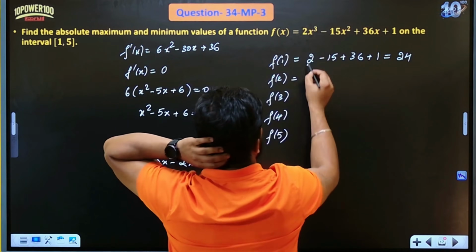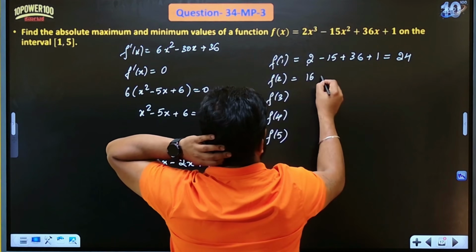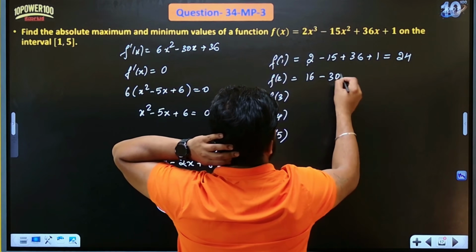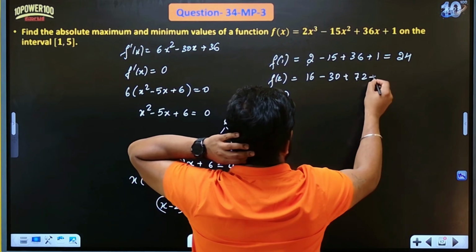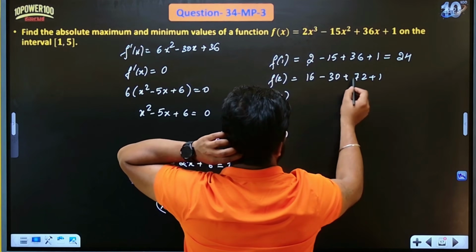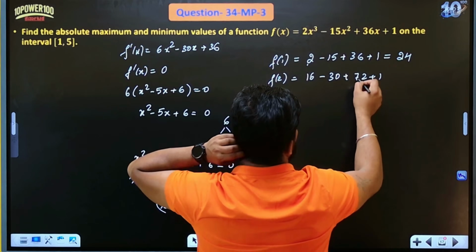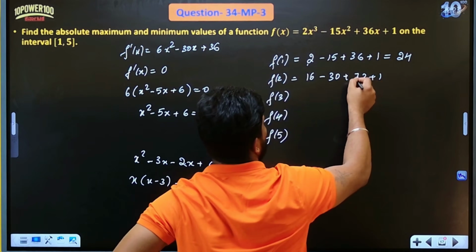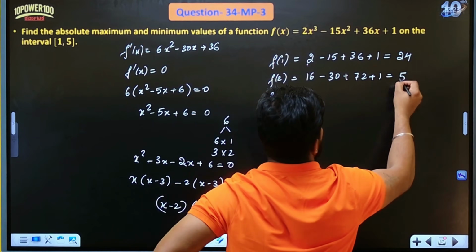Next, put 2: 2 cube is 8, 8 is 16, minus 15 into 2 is 30, plus 72 plus 1, so this is 59.